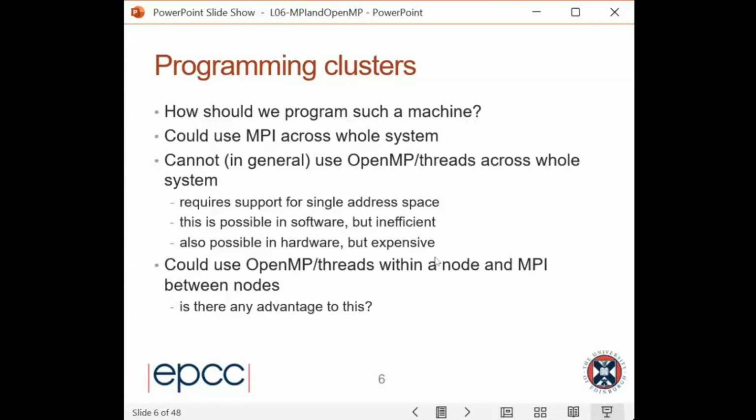In OpenMP, if I wanted to use all 128 CPU cores on an ARCHER2 node, what I do is I write a single program. I run one process. So initially it's just running on one core, but at runtime, that process spawns multiple threads. The difference between a thread and a process in Linux is really quite marginal, but they're fundamentally different in that threads are designed to be able to share memory.